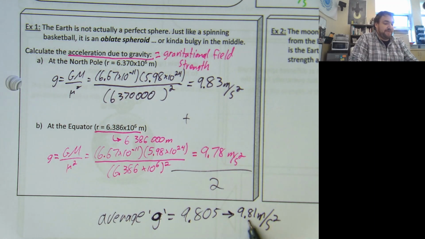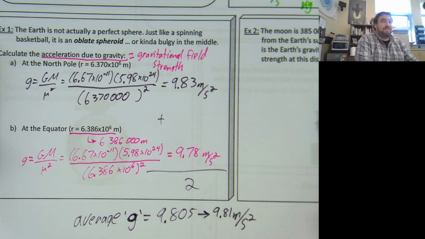But we use this value because this is the average, and in the grand scheme of things, what's plus or minus 2 centimeters per second squared? It's not going to give you a noticeable difference in the grand scheme of you living your life day to day, dropping objects. But the difference is there, and it's real, and it's measurable, which is kind of weird to think about.